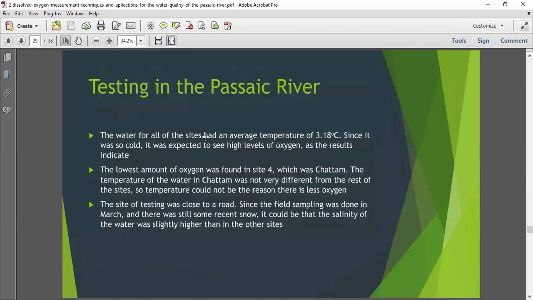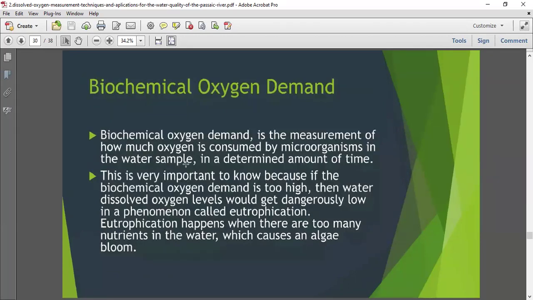Some of the tests. Then we see the next one, the biological oxygen demand. This one is also important. One chapter is the DO, dissolved oxygen, and another one is biochemical oxygen demand. What is biochemical oxygen demand?